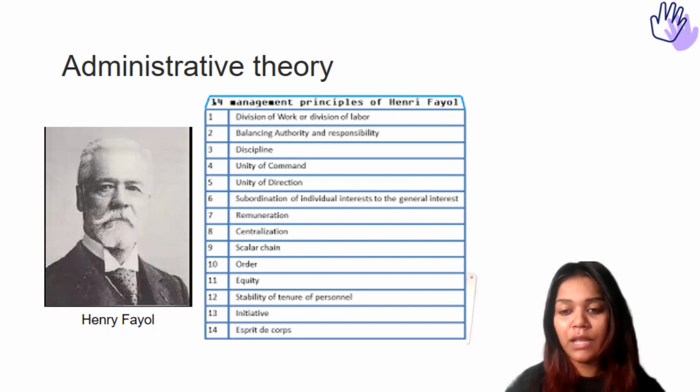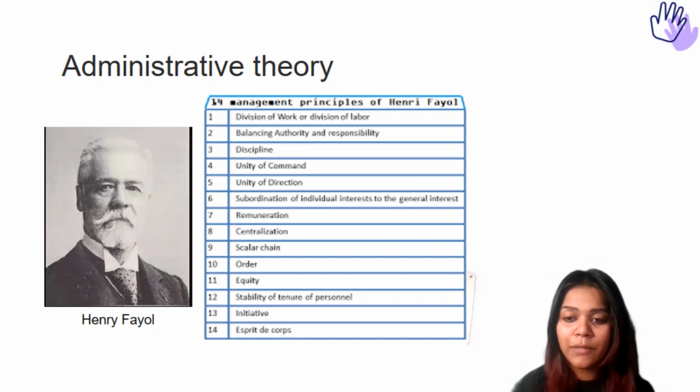Take the example: if people have a certain time to come into work and a certain out time, they would be disciplined, unlike people who report at 2 p.m. and leave at 4. That would not help the management achieve the goals that are set.